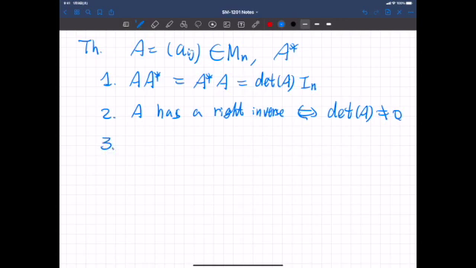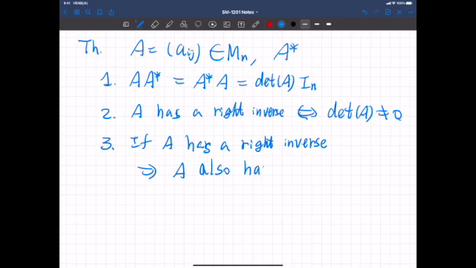And three, if A has a right inverse, then A also has a left inverse, and these inverses are unique.